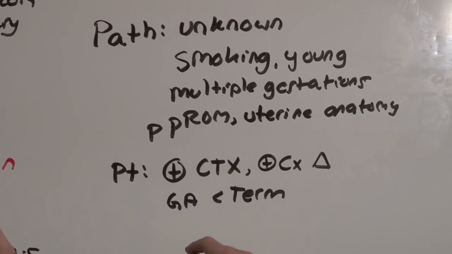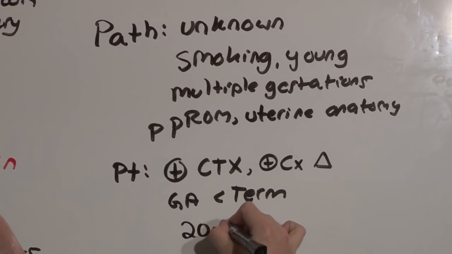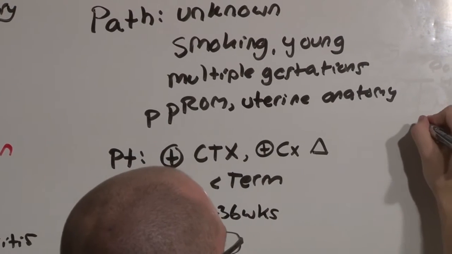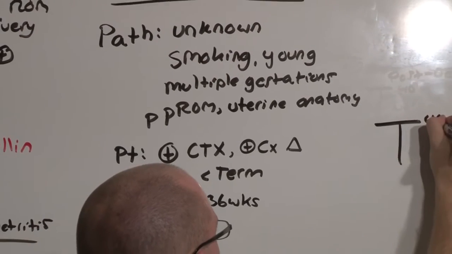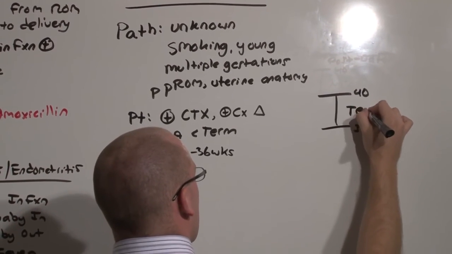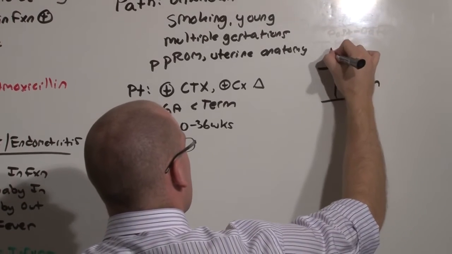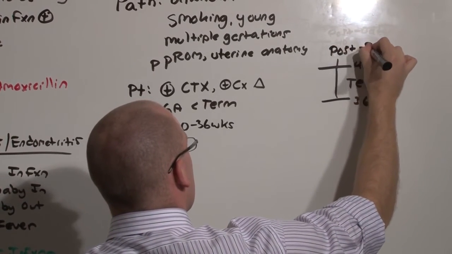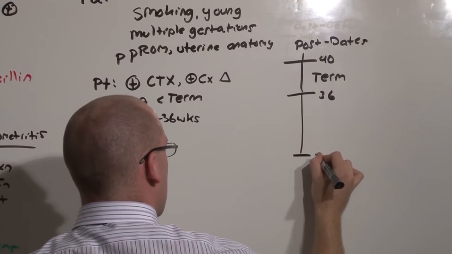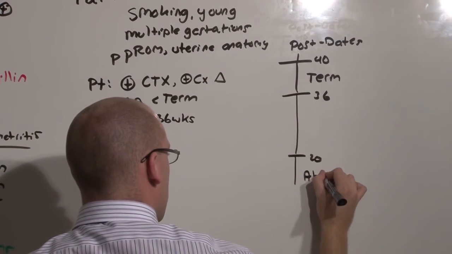But baby has to be between 20 and 36 weeks. Here's why. If you are between 40 and 36 weeks, you are said to be full term. Any more than that, you're post dates. But less than 20 weeks is considered an abortion.